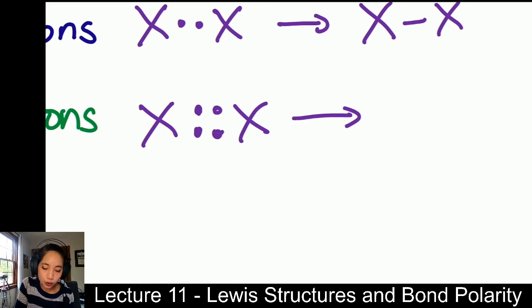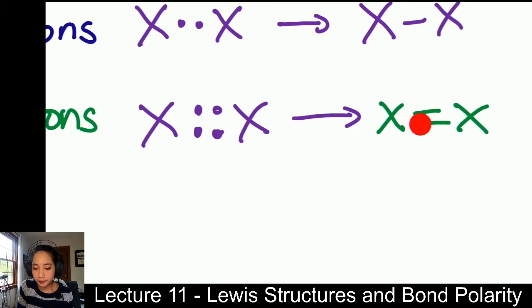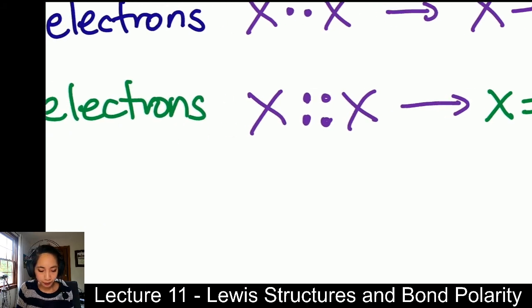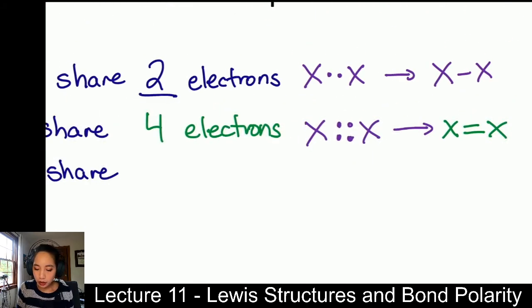How you would draw that Lewis structure is you draw 2 bonds between those 2 atoms. Each of these lines denotes a single bond, so together, 2 lines is a double bond, where each line represents 2 electrons. In a double bond, there are 2 bonds, so that's a total of 4 electrons.